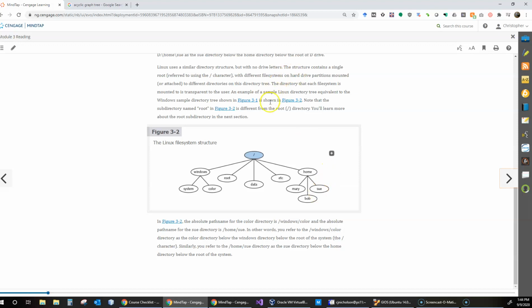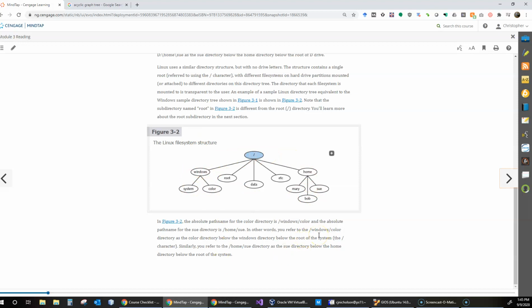I don't know if that's actually tested here, but it's something you should know anyway, that there's a difference between a physical disk, which is the actual mechanical box, or the SSD, the circuitry, whatever you want to call it, the actual physical thing you hold in your hand, and a logical partition, a logical disk sometimes it's called, which in Windows corresponds to drive letters, and in Linux could correspond to really anything in this big structure. This could be one big physical disk. This could be 4 different physical disks mounted in different places in here.